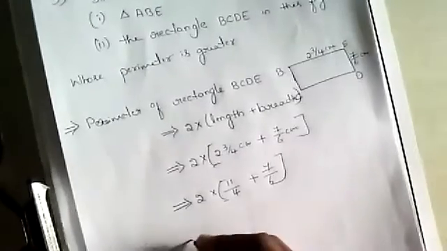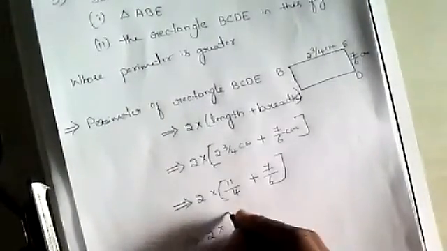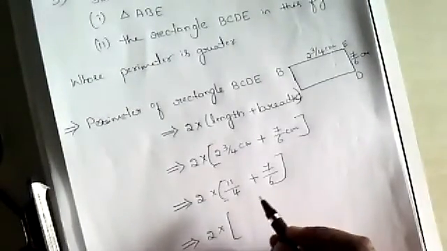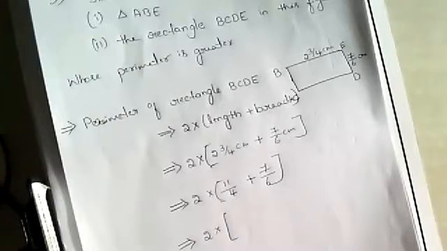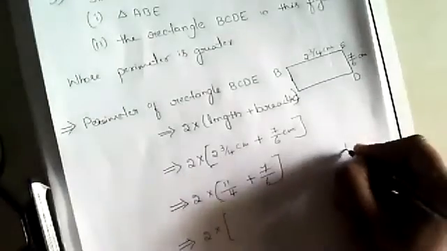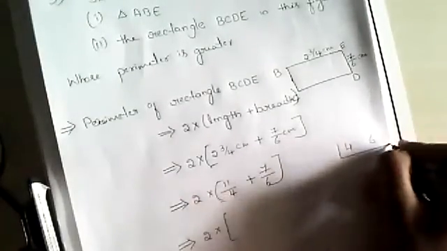So now 2 as it is. We know that if we want to find the sum of this, we have to find the LCM because the denominators are different. We need the same denominators. So I'll take the LCM of 4 and 6.